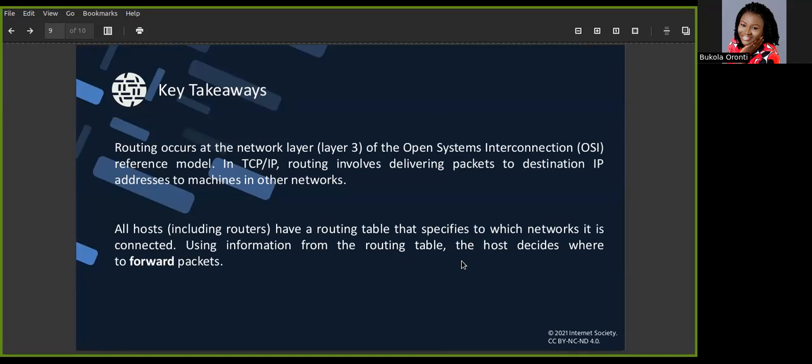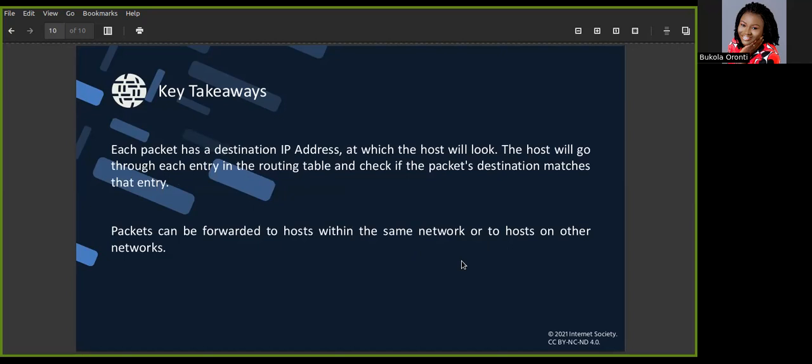Using information from the routing table, the host decides where to forward the packets. Each packet has a destination IP address, and the host will go through each entry in the routing table and check if the packet destination matches that entry. Also, a packet can be forwarded to hosts within the same network or to hosts on other networks. If it's going to another network, that means a router is needed.